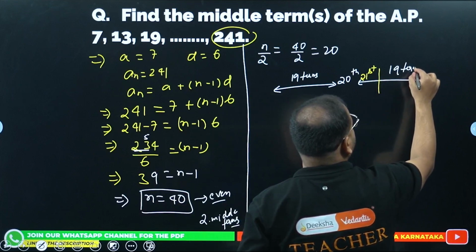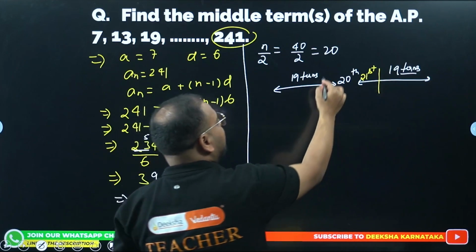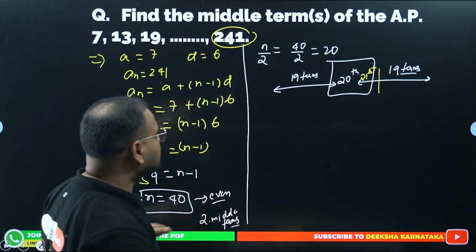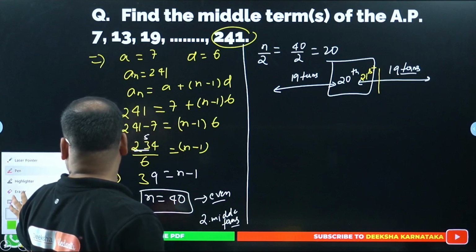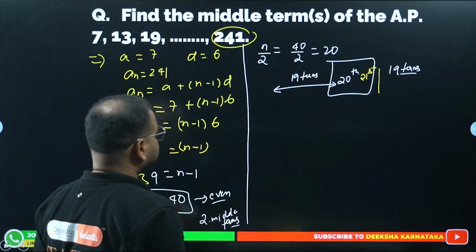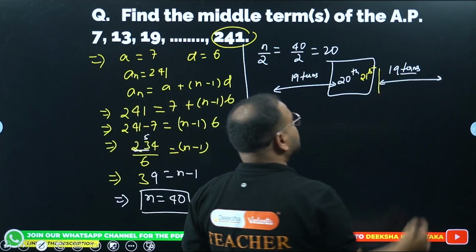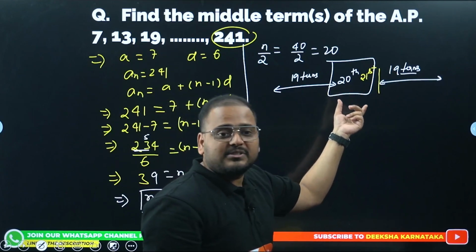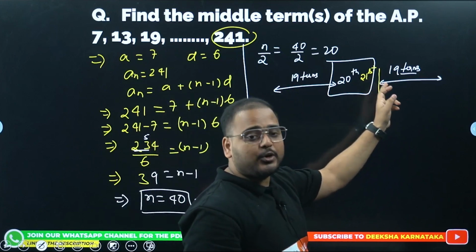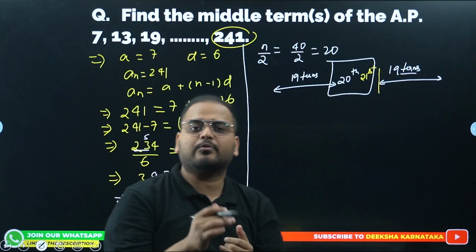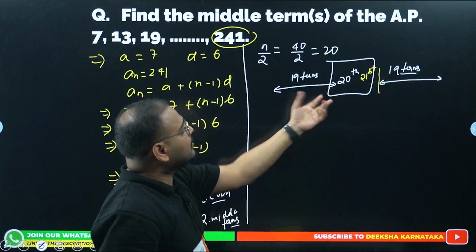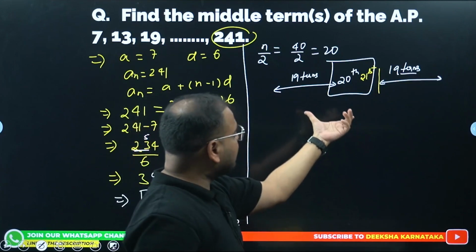So if I take the 20th term and 21st term as my middle terms, on the left-hand side I have 19 terms, 1 to 19, and on the right-hand side, from 22 to 40, I have again 19 terms. Count it, 22 to 40 will be 19 terms only. Now it looks like a middle set. These two are the middle set.